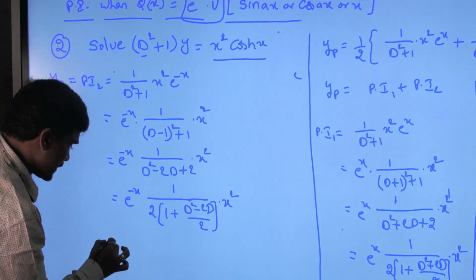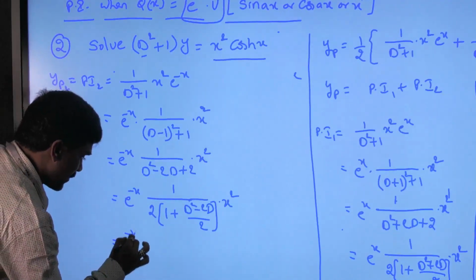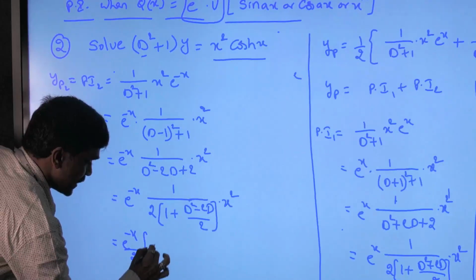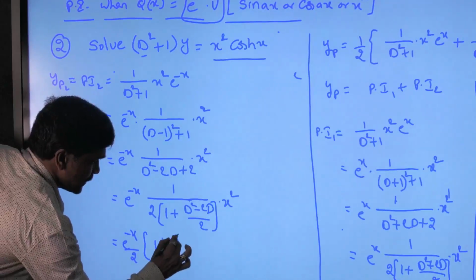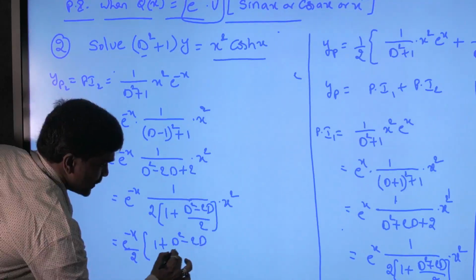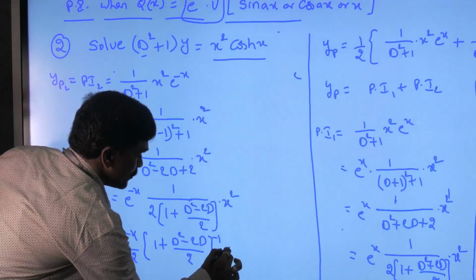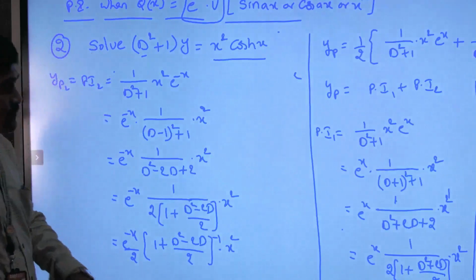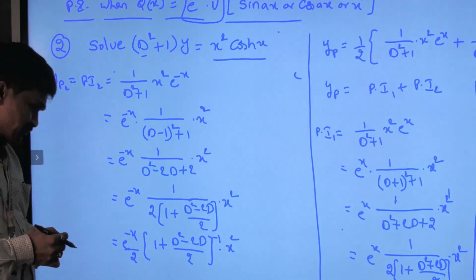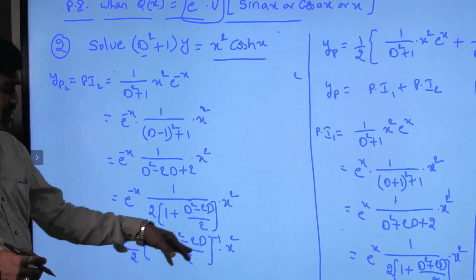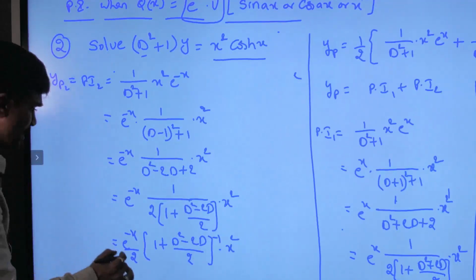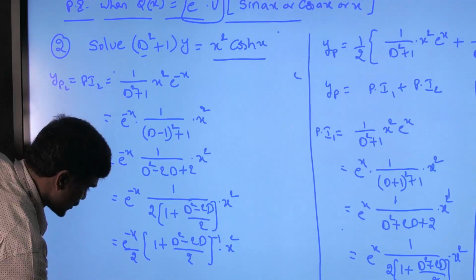Now take into numerator, we get e^(-x) by 2. Then here (1 plus (D² - 2D) by 2) inverse into x². Okay. Now the expansion, (1 + D) inverse expansion. So what is the (1 + D) inverse expansion?